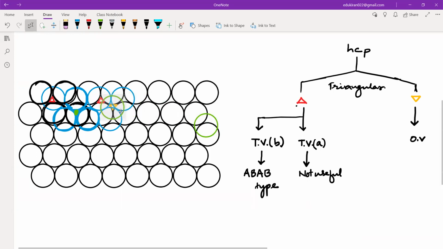Now, as you can see, this is a completely new layer, right? This green layer. Yes, sir, this is completely new. Let me make a few more atoms.